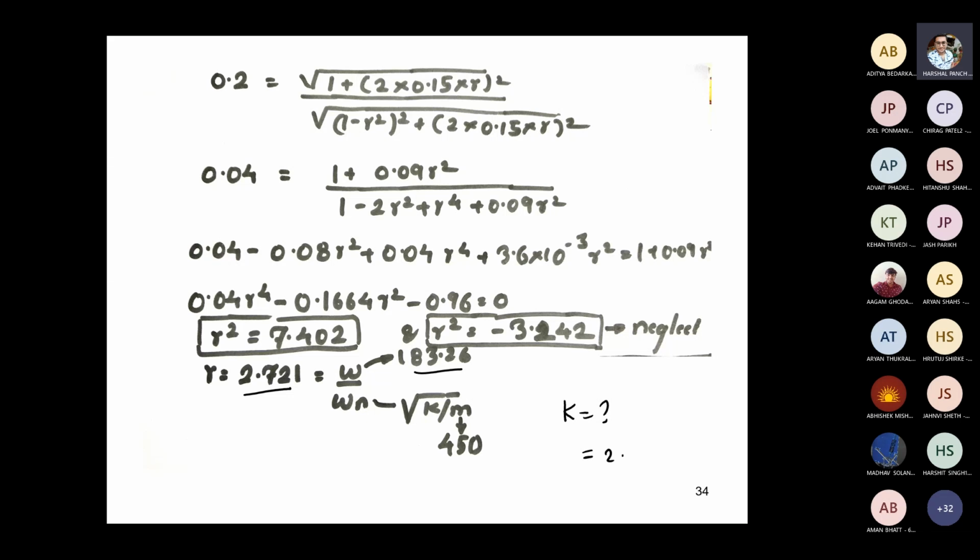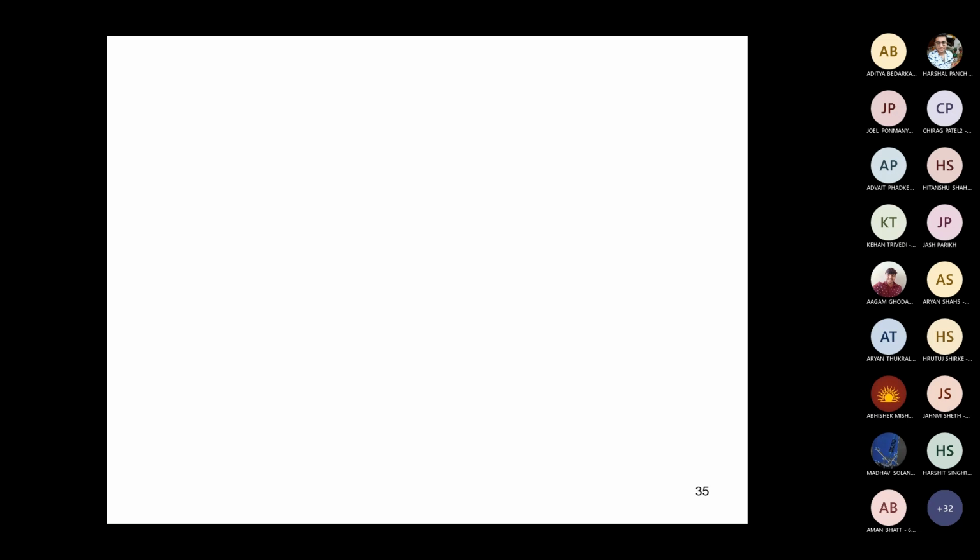Correct. All right, so that is the value of stiffness. Next, we have to find out the force transmitted. So Ft by F0 is equal to the transmissibility ratio, and we need to find out F0.